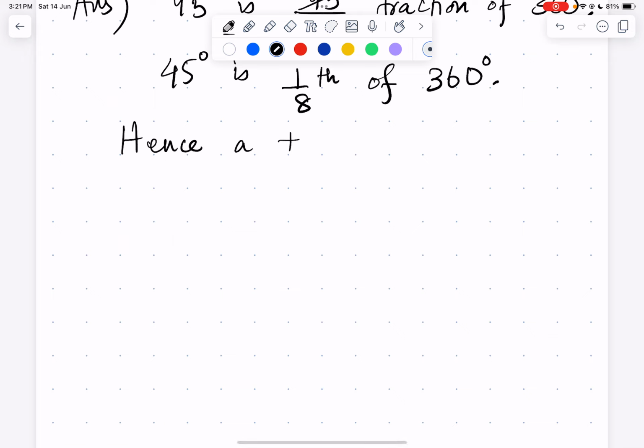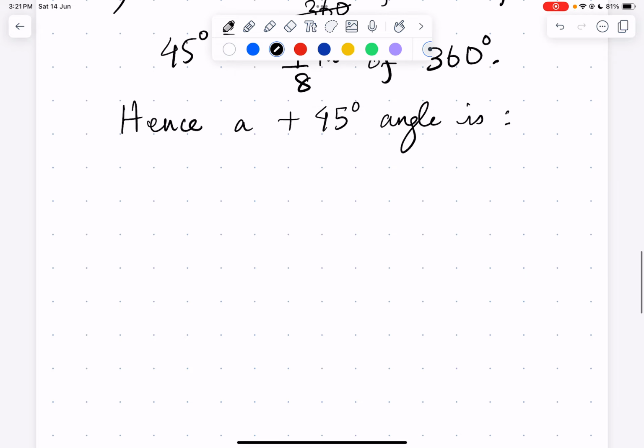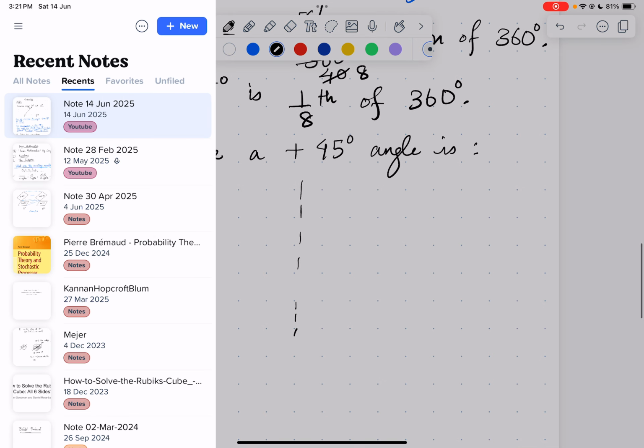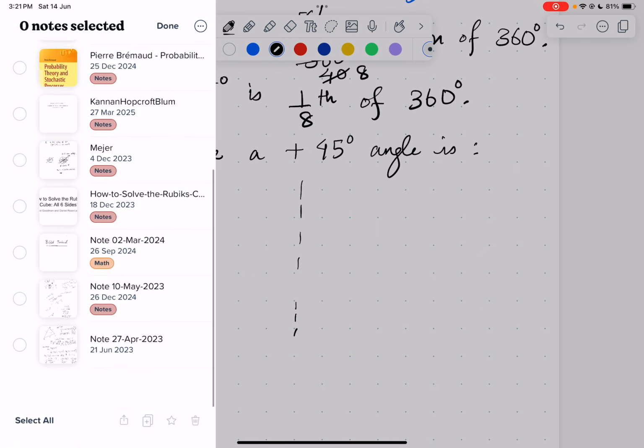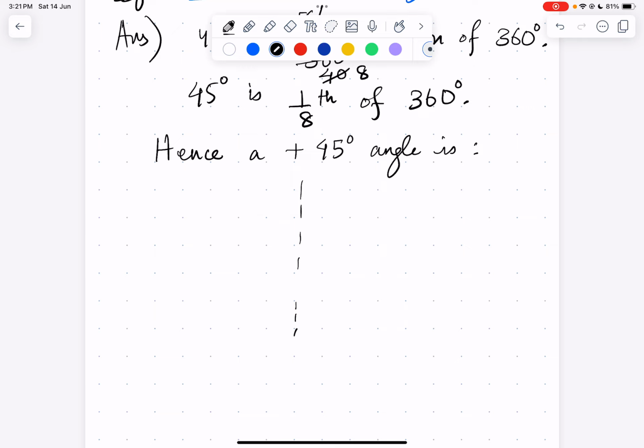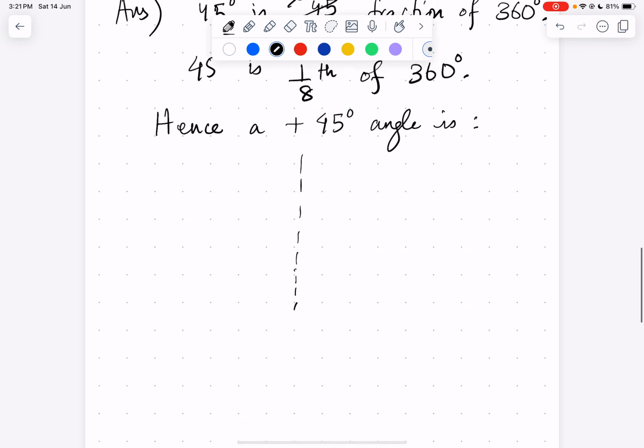Hence a plus 45 degree angle is, so you have the full angle and you're dividing it into 8 parts.